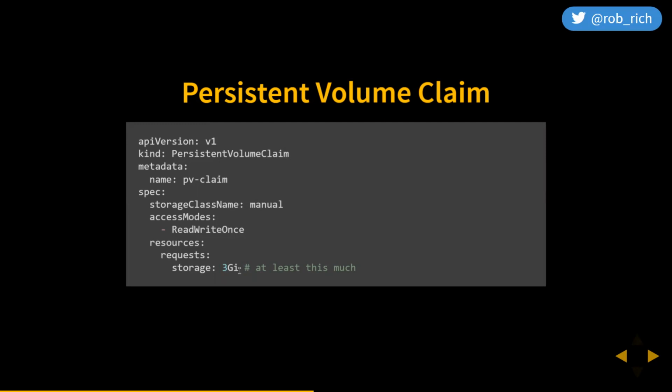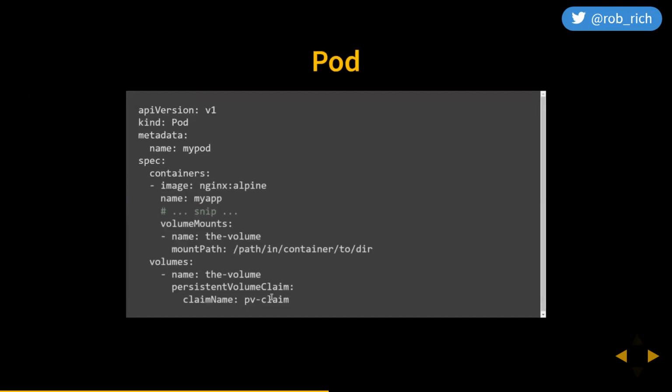Now that we've claimed that persistent volume in this persistent volume claim, here in our pod definition, the container definition is unchanged. We're still specifying this as the volume and mapping it to a particular directory inside of our container. But as we define how the volume works, rather than saying host path here and giving it the actual path, we'll say this is a persistent volume claim, and we'll give it the claim name.